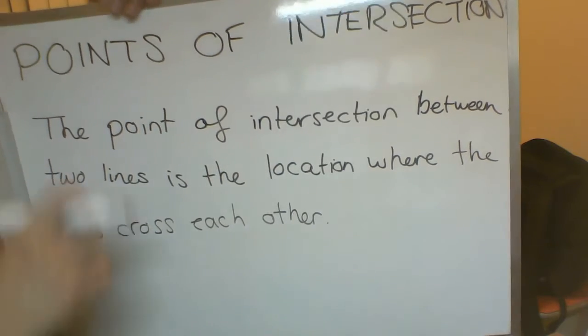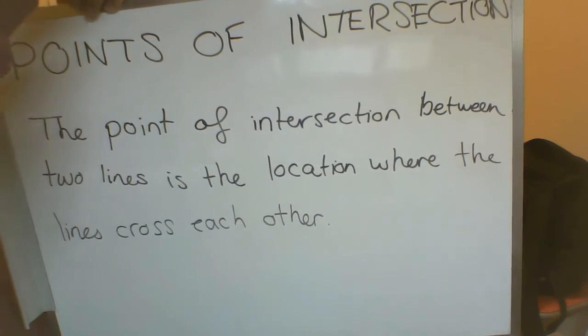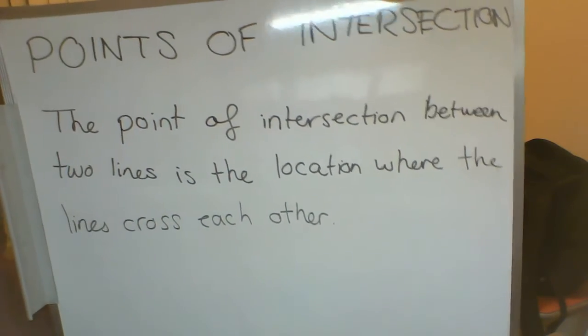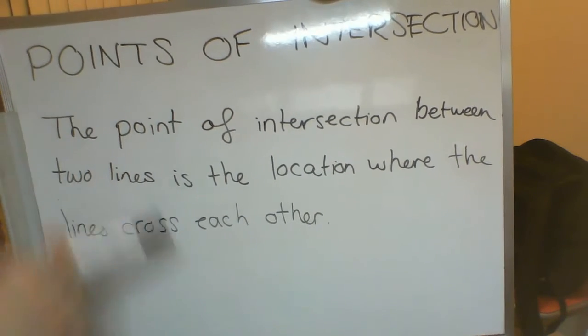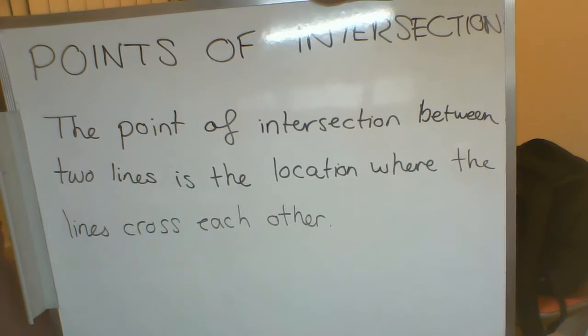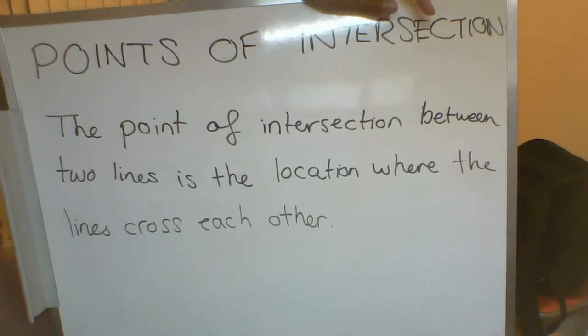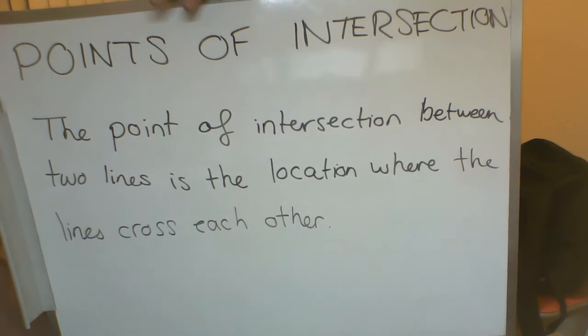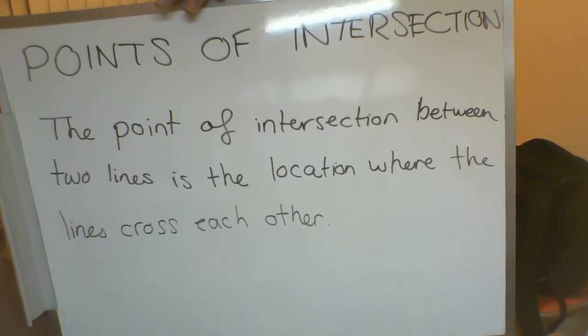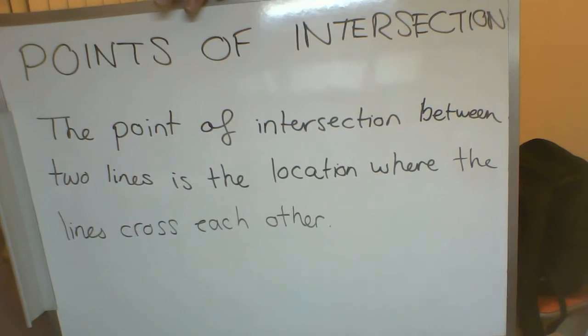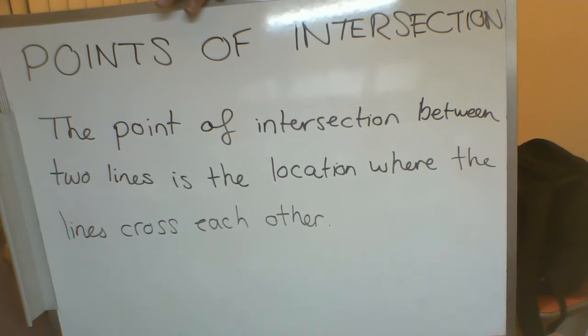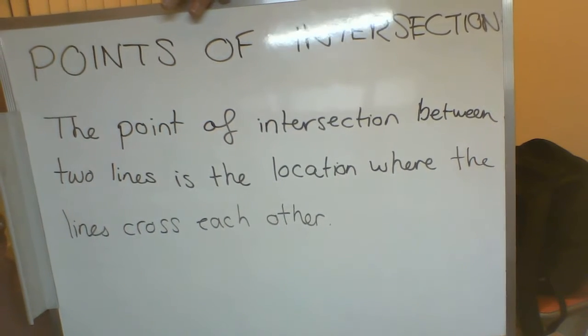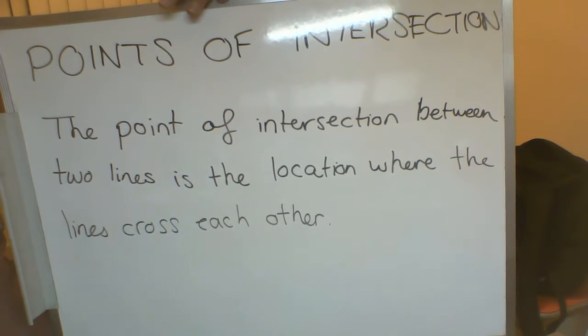So you don't need to write down this definition. I mean, it's also hopefully fairly self-explanatory in the name, point of intersection. But basically what we're going to be doing in this video and in the next video or two is working out how to find the point of intersection of two lines. And a lot of it is actually going to be quite familiar to you.